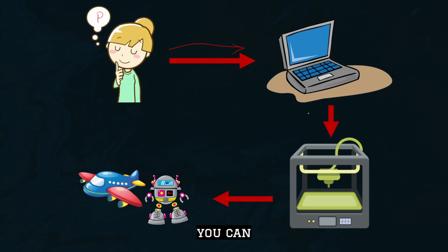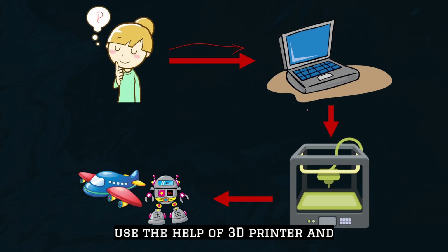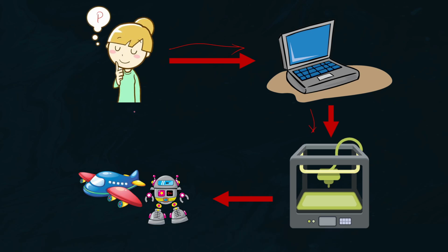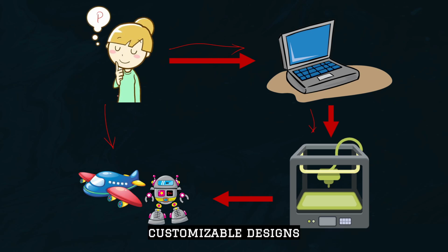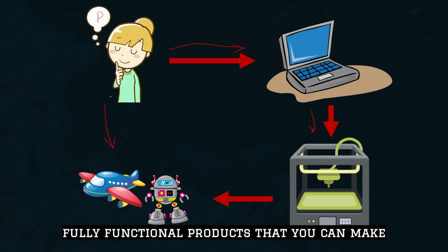Later, you can use the help of a 3D printer and turn your digital model into a real product. So in this way, you are basically transforming your imagination into reality. So it basically opens the gate to unlimited ideas, customizable designs, and fully functional products that you can make on your own.